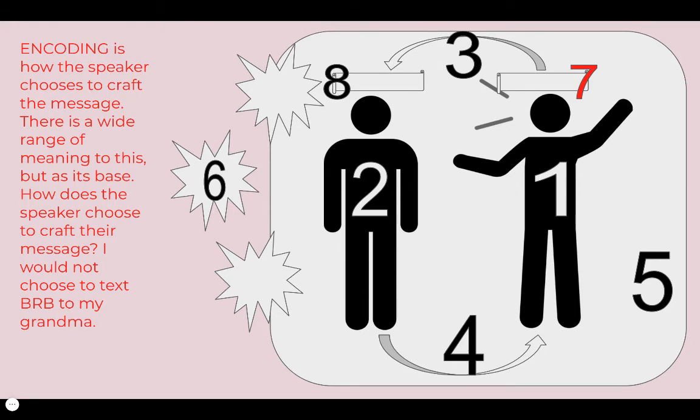And I would definitely never text her something like BRB. Because again, she has no idea what that means. So I'm going to encode my message in a way that's appropriate for the audience. Can I text my best friend BRB? Absolutely, she knows what I mean. My grandma doesn't, so I'm not going to choose to encode the message in that way.